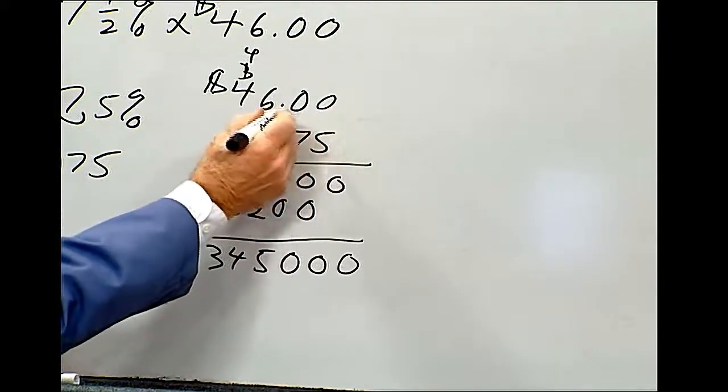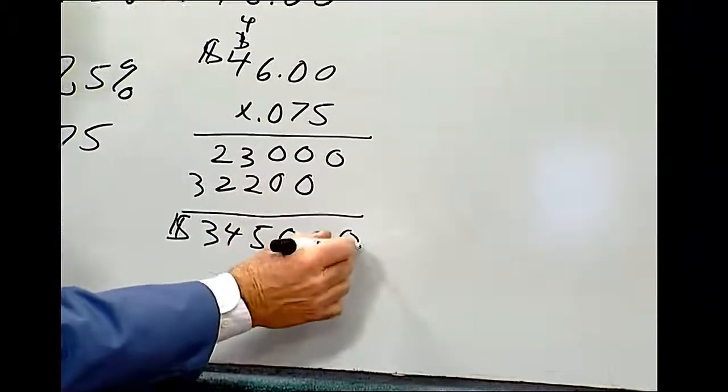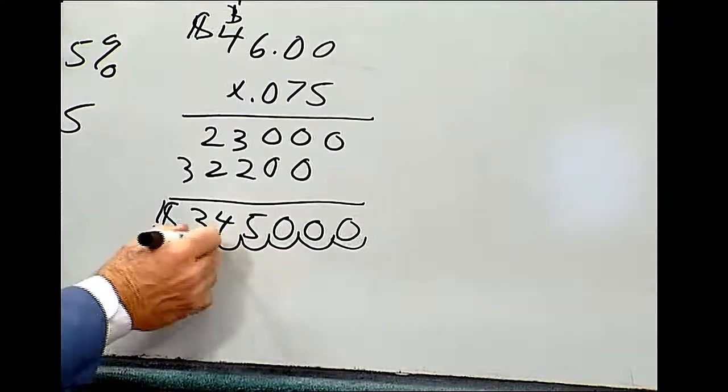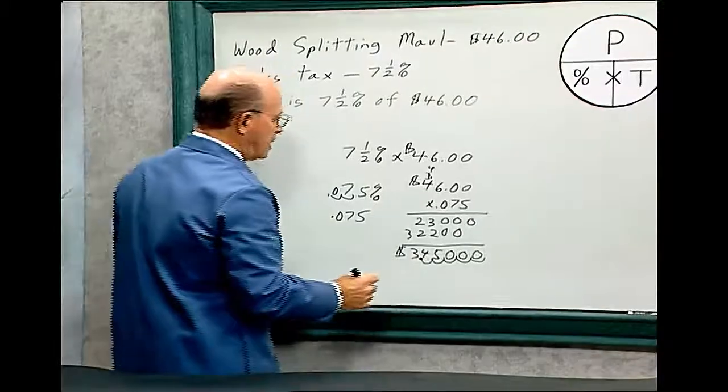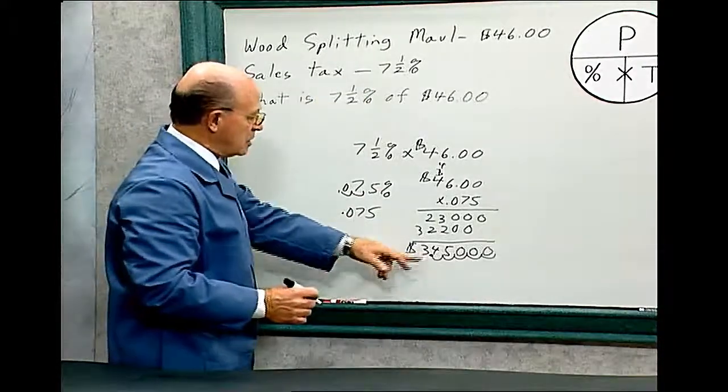So it's 1, 2, 3, 4, 5 places. So the sales tax on that splitting maul for $46 would be $3.45.